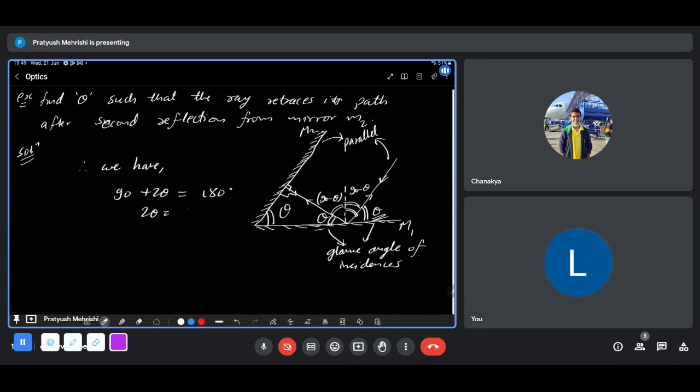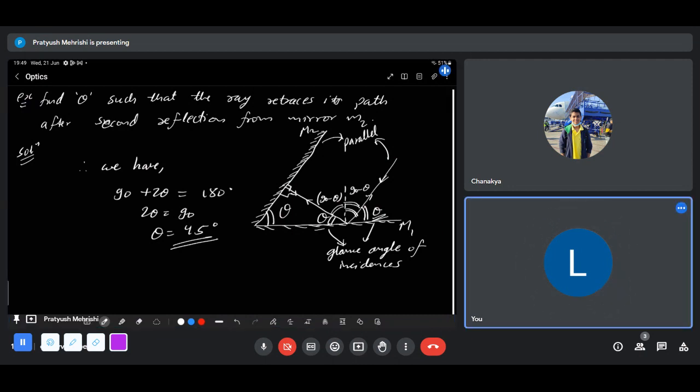Therefore 2 theta is what? 180 minus 90 is 90, and 90 by 2 will be 45 degrees. So 45 degrees is the answer. Got it now? Got it.